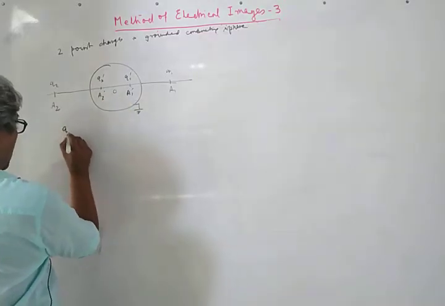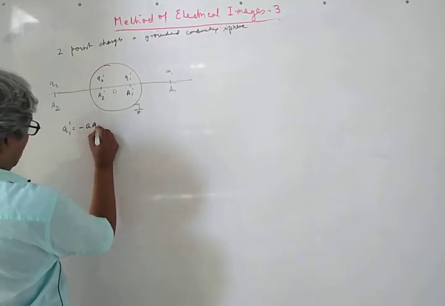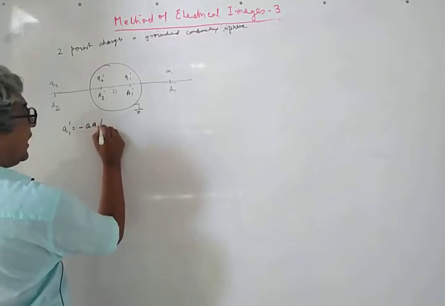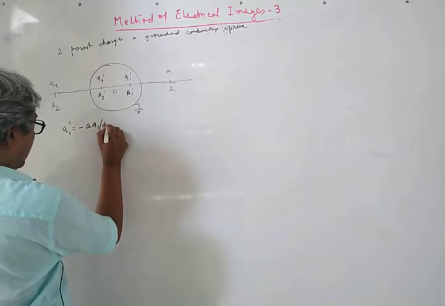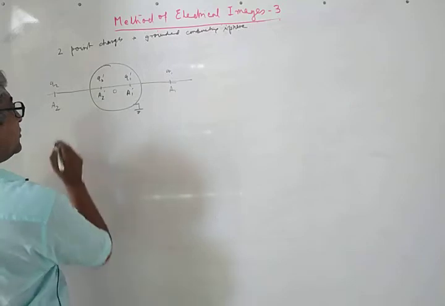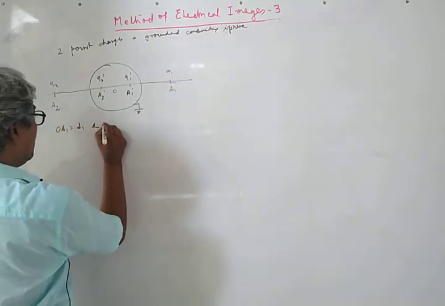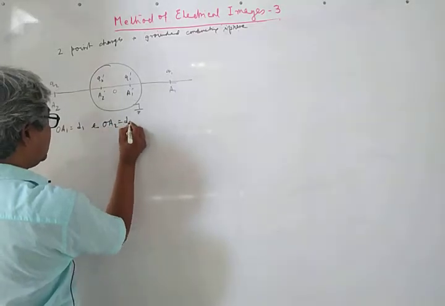So that q1 prime is equal to aq1 by d1, where let me first introduce OA1 is equal to d1 and OA2 is equal to d2.